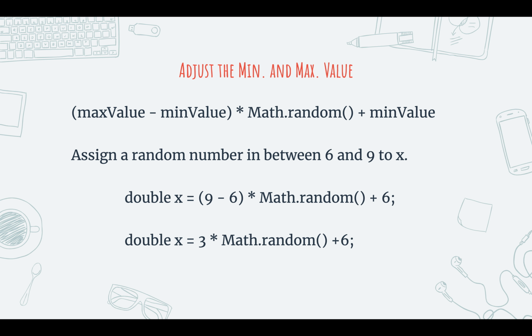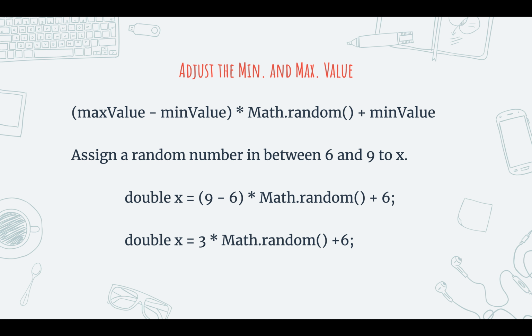Well, in that case, we're multiplying the math.random value by 2. So this is the equation: max value minus min value times math.random method invocation. I hope that's a real word, but you're invoking the random method, and then we add the minimum value, because this can spit out 0, and any number multiplied by 0 is 0. So if you add that to the minimum value, then we get the minimum value. So 0 plus the minimum value is equal to the minimum value.